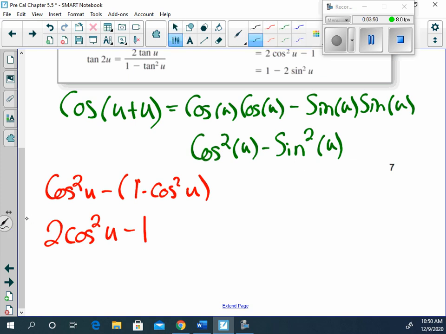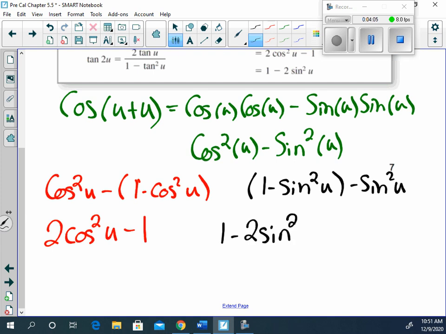Well, I can replace cosine squared of u with 1 minus sine squared, and I just get 1 minus 2 sine squared of u. And that's it. So again, this is just really manipulating these formulas. Does that make sense? That's how these formulas work.